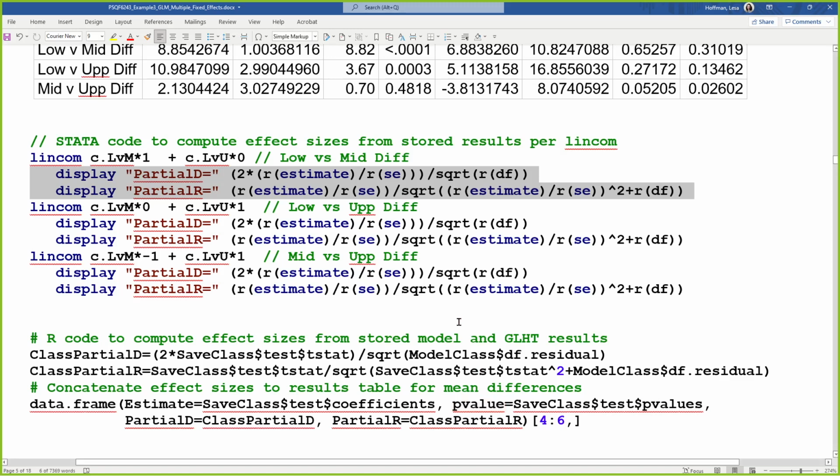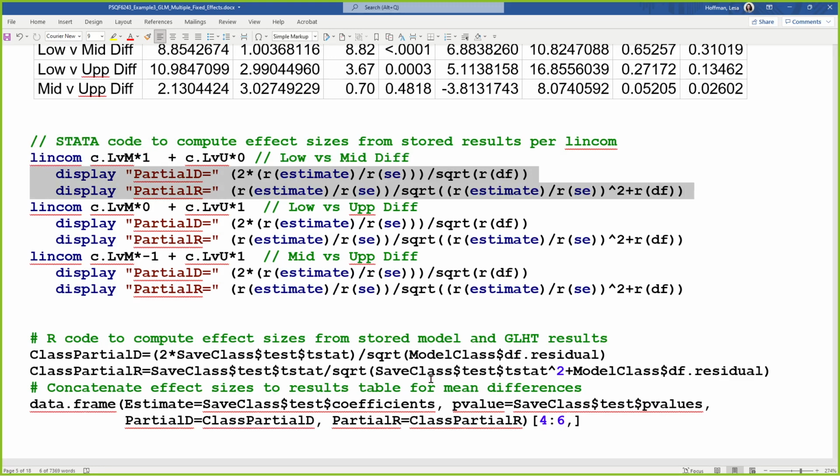Because all of the pieces are stored from the analysis for you. So it's accessing the estimate, the standard error, and the formula is then computing the t for you. Degrees of freedom is already stored, so you don't have to change that either. Again, for those of you using Stata, paste those two lines after any lincom that you want an effect size for, and it shall appear.